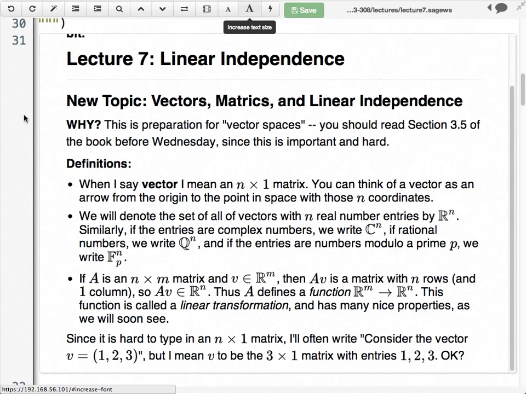Also, the collection of vectors, so all vectors with n entries that are real numbers.